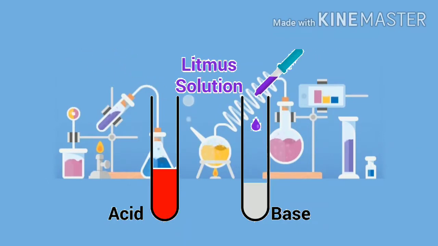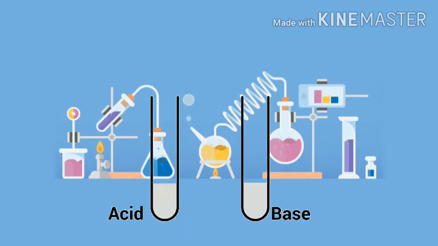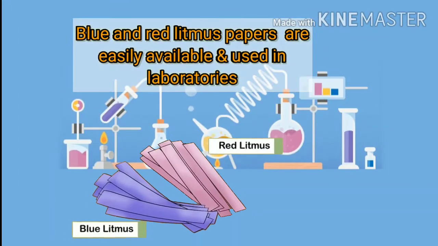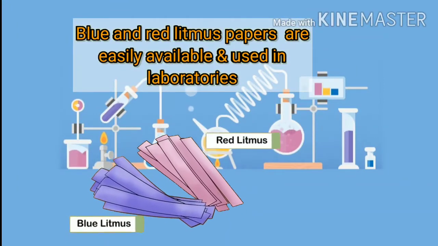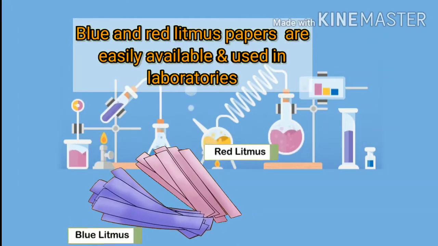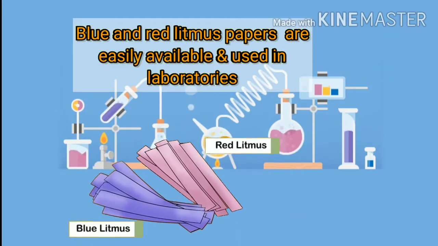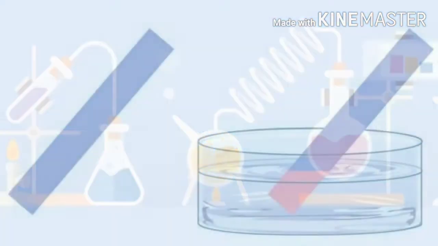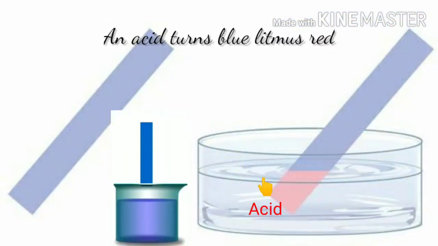Litmus indicator is a very safe method for identification of acid or base. Litmus solution is also available as blue and red litmus papers, and they are used in laboratories. An acid turns blue litmus paper red.